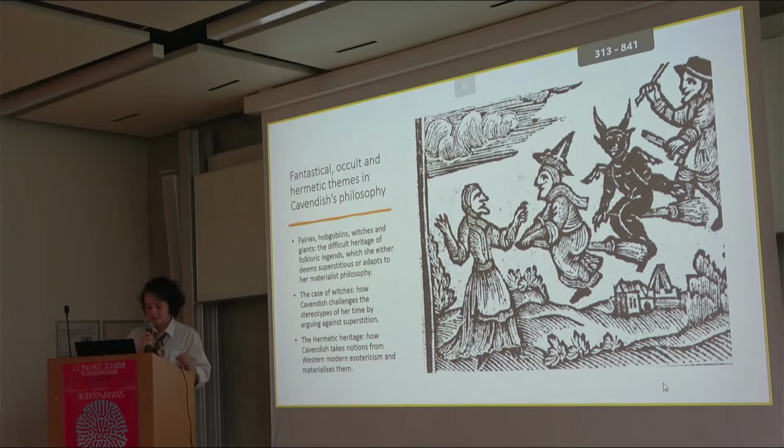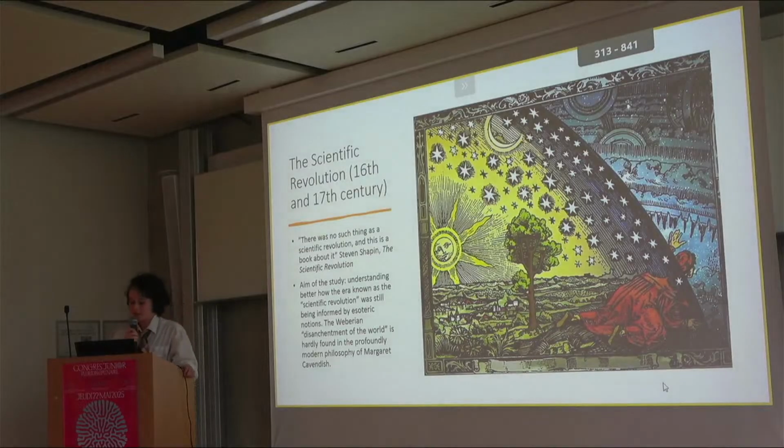So she replaces all these references within a natural order where everything is self-moving and material. Studying the extent to which the natural philosophy of one of the staunchest defenders of materialism at the time truly shows how pervasive some esoteric explanations of nature and its phenomena were at the time of the scientific revolution.